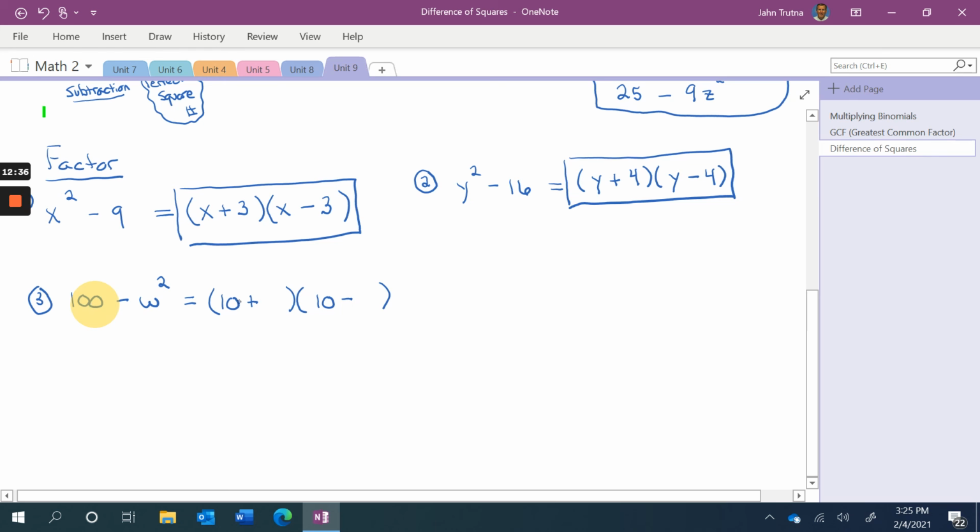Okay? Then it's going to be 10 plus w, 10 minus w. So the factors for 100 minus w squared are going to be 10 plus w times the quantity 10 minus w. Okay?